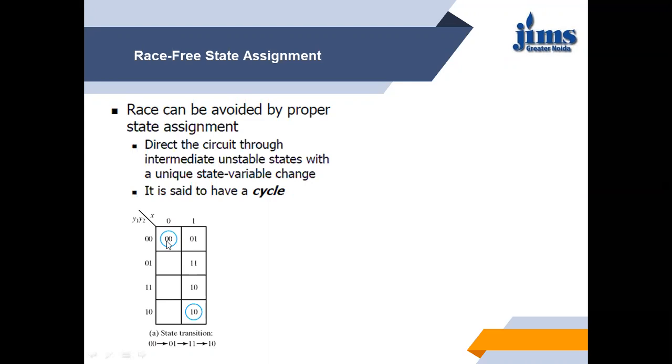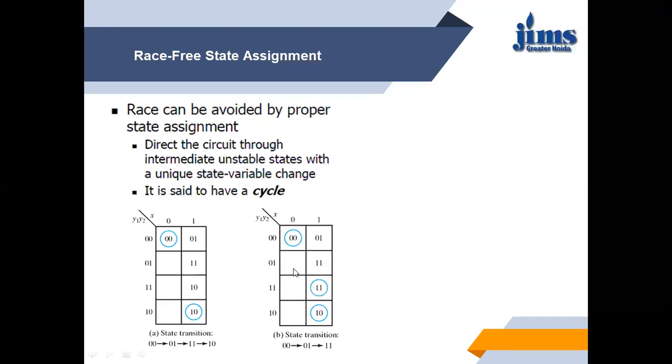So what we are doing: first, x changes from 0 to 1, then it goes to 0 1. In 0 1, it goes to 1 1. 1 1 is an unstable state, and when it comes to 1 1, it finds a state 1 0, that is again an unstable state, and it goes to 1 0, and 1 0 is a stable state. The circuit will stay here.